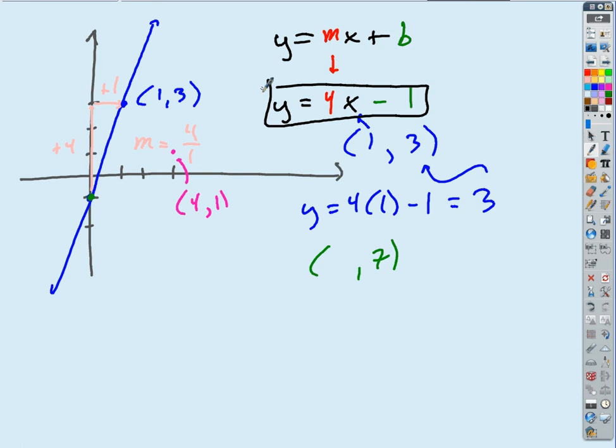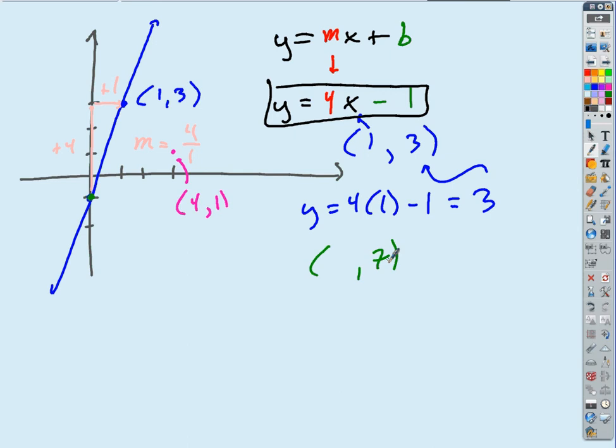The last example we did, we started with x equals 1, and we calculated the y value by substituting the 1 for the x. This time the y value has to be 7. What's the x value that goes with that? How could I use that equation? What would I do with that y value to find x, do you think?